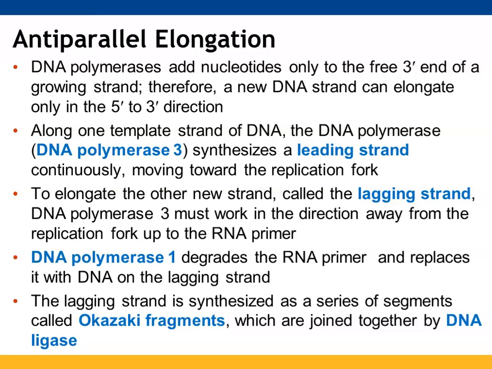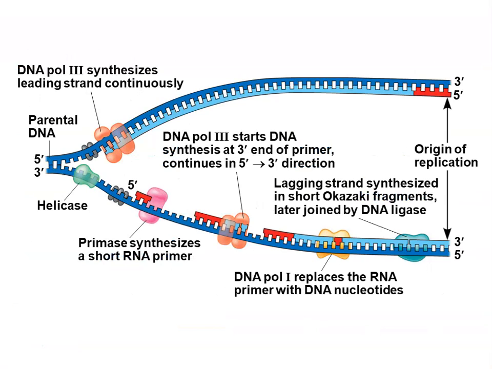So DNA polymerase 1 will break down those RNA nucleotides and replace it with the DNA nucleotides once you've already got the majority of your fragments complete. Those fragments are known as Okazaki fragments, and because they are synthesized kind of independently of one another, they get joined together with DNA ligase.